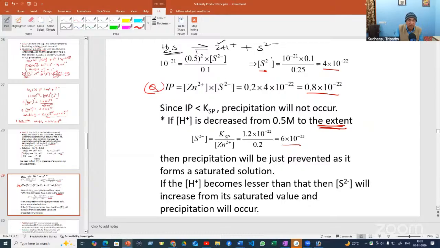So we found S2 minus in the presence of common ion effect is so low. But had it been no common ion effect, simply saturated H2S, we can find out, say, 4x cube by 0.1. So 4x cube is equal to 10 to the minus 22.